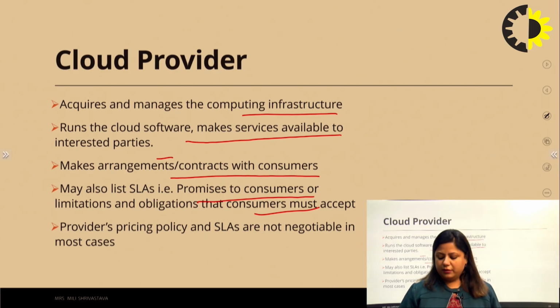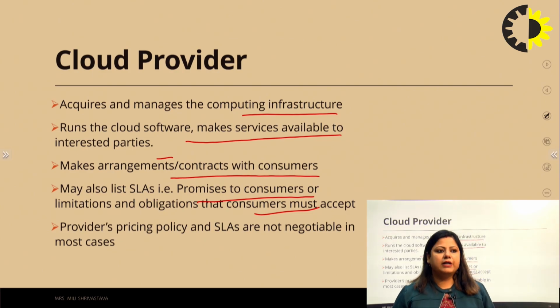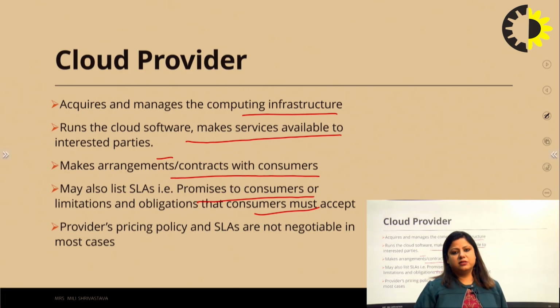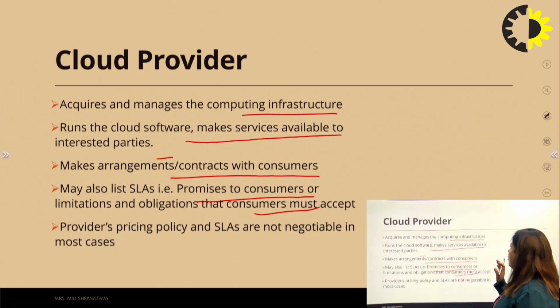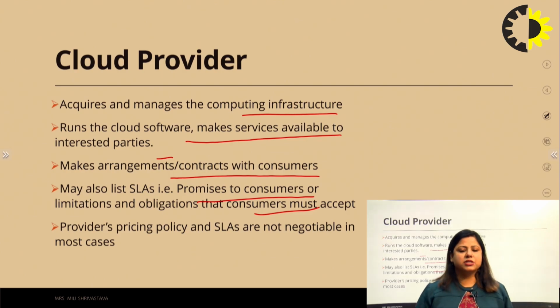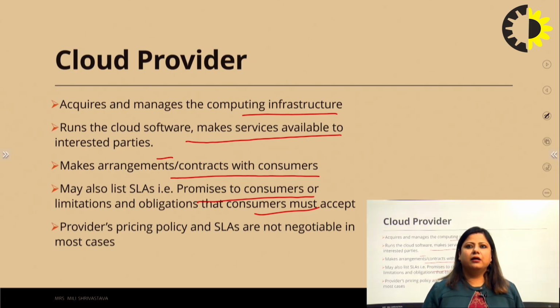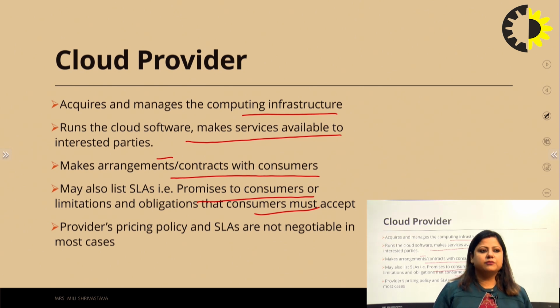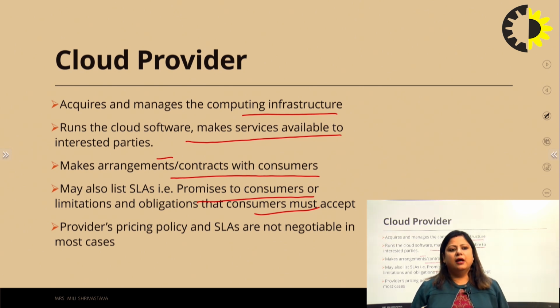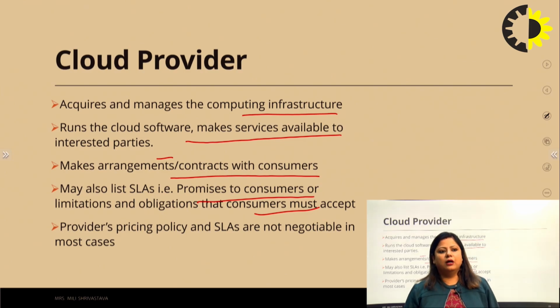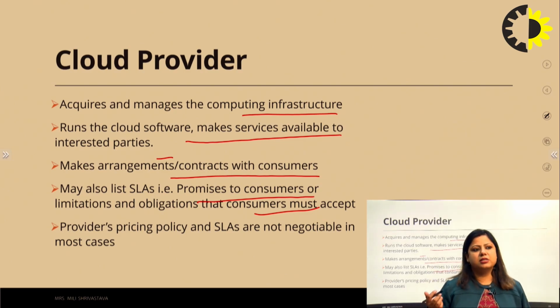These services are provided differently by cloud providers. In case of infrastructure as a service, they provide the infrastructure, basically in terms of compute, storage and network resources. Examples are AWS EC2 or Google Compute Engine. These are basically examples of infrastructure as a service.